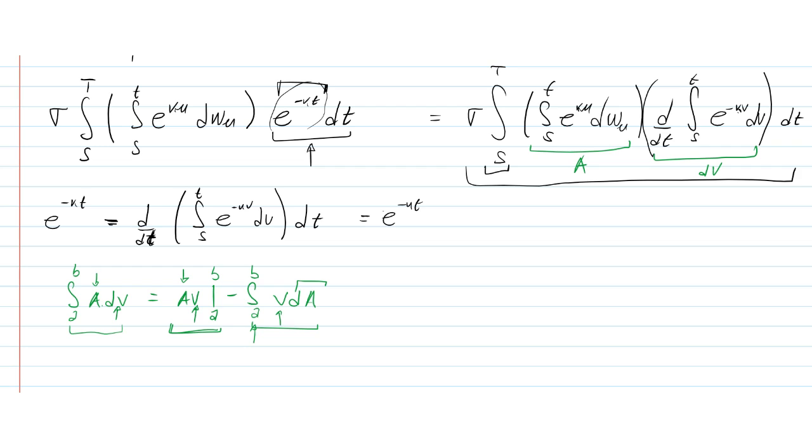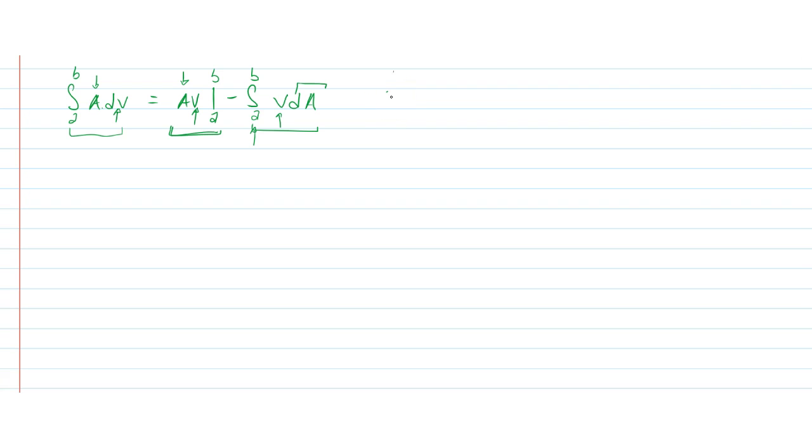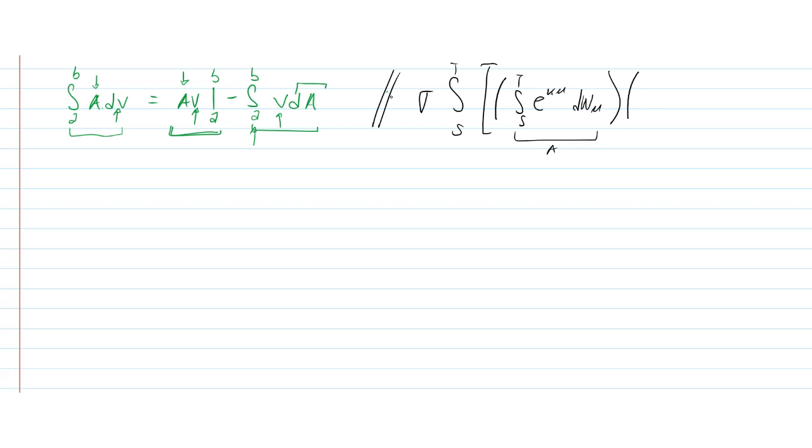With this we can apply stochastic integration by parts. So I'm going to rewrite one more time what we had: the sigma st, this is the part that we named A, and now the remaining part will be dv.